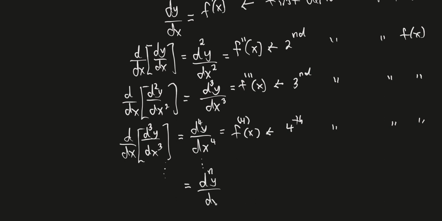And using the Leibniz notation, it looks like this. Using not really the prime, but the f notation, you'd put an n in parentheses of x. And then this is the nth derivative of f of x.